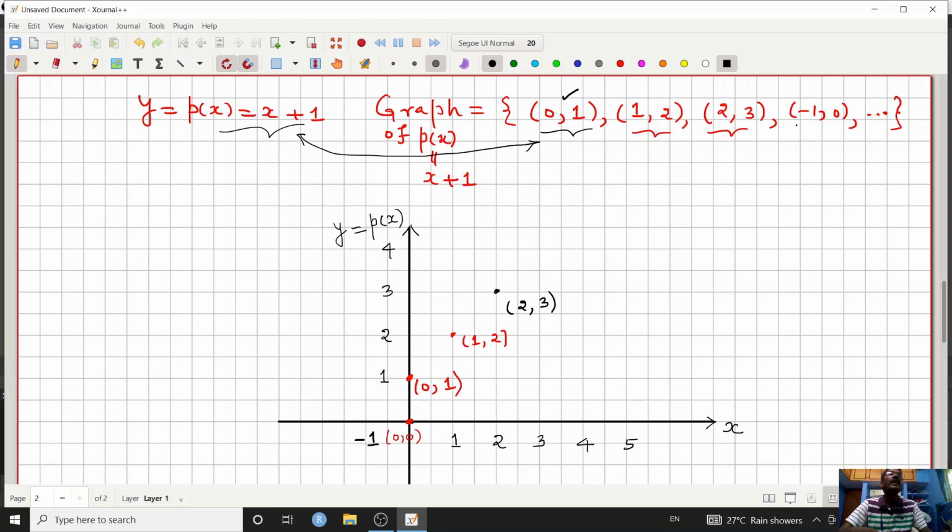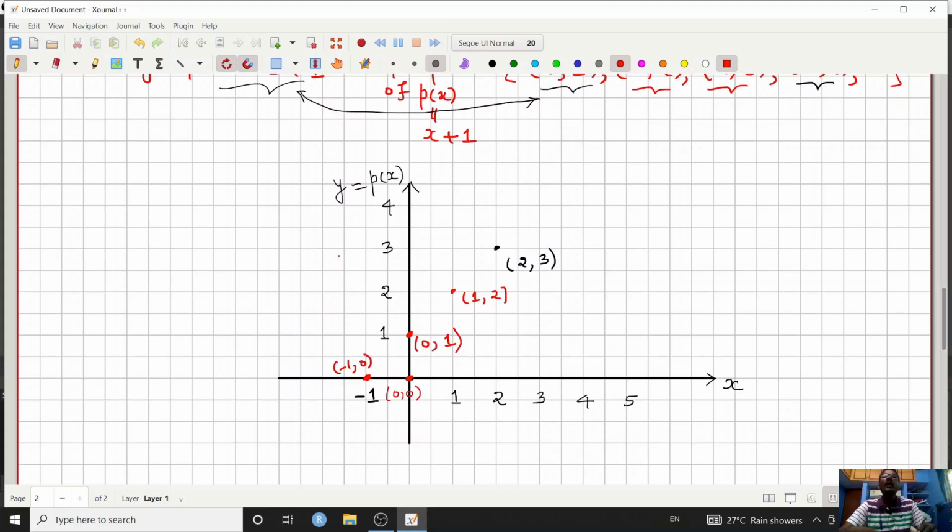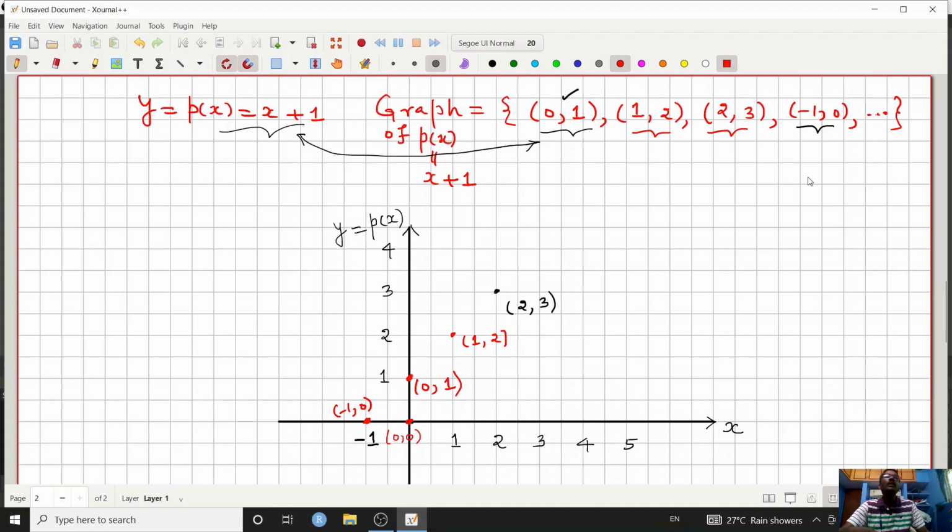And when x is minus 1, y is 0. So this is the point. These are the 4 points that we have marked.